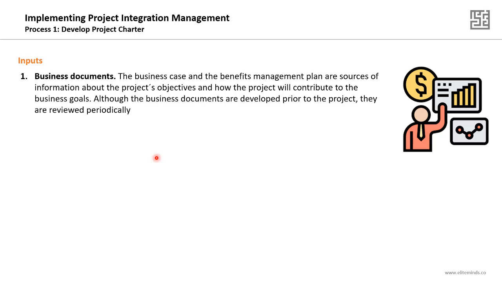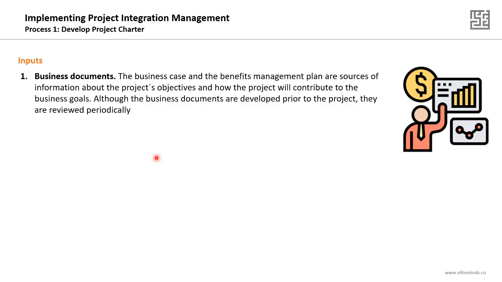Although the business documents are developed prior to the project, they are reviewed periodically. So it's not the responsibility of the project manager to develop the business documents. The business case and the benefits management plan were created before you were assigned as a project manager. However, you need to have a look at them. They are great sources of information.